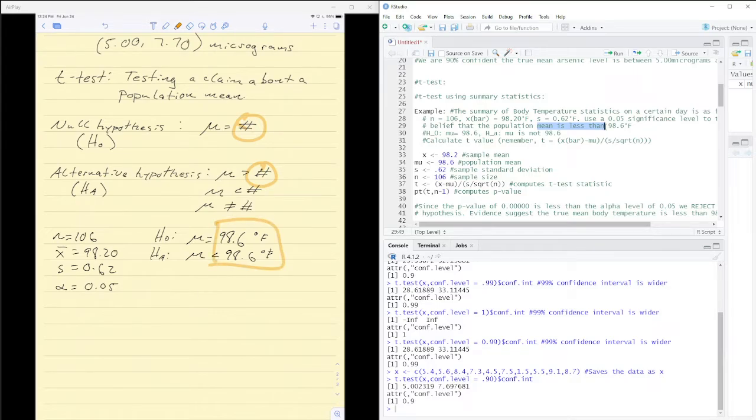It's just that your null hypothesis is always an equal statement. Your alternative hypothesis is some not equal statement, whether it's greater than, less than, or not equal to. But these numbers will always match. Okay.